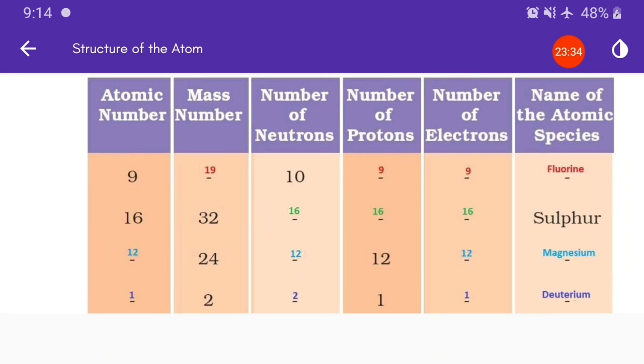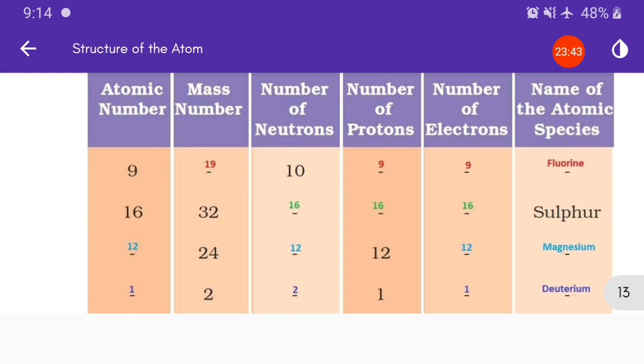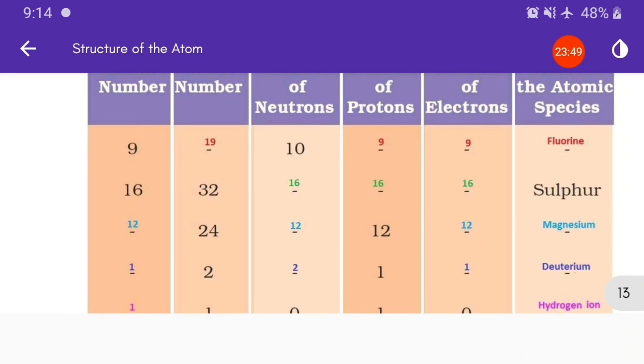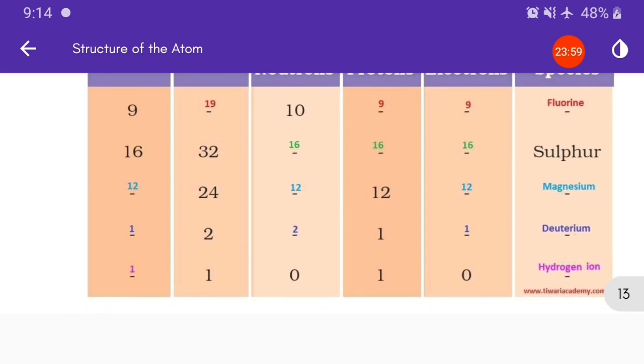Number of protons are different in each. In sulfur 16, the mass number is double, 32. Number of protons 16, number of electrons 16, number of neutrons 16. Magnesium is also double, 12 to 24 mass number. Then number of protons 12, number of neutrons 12, number of electrons 12, and the species name is magnesium.